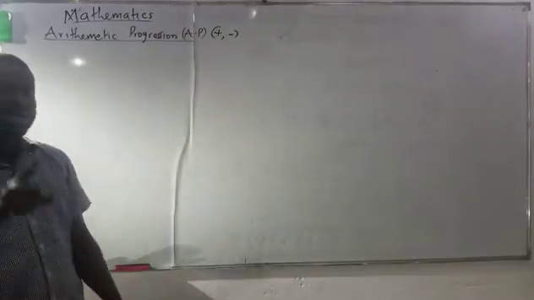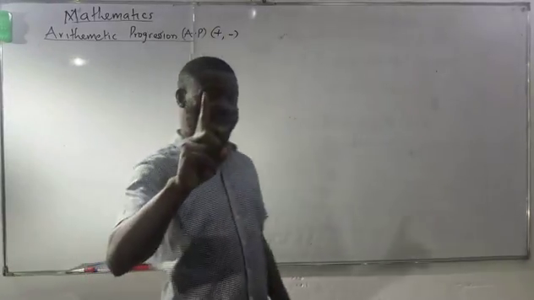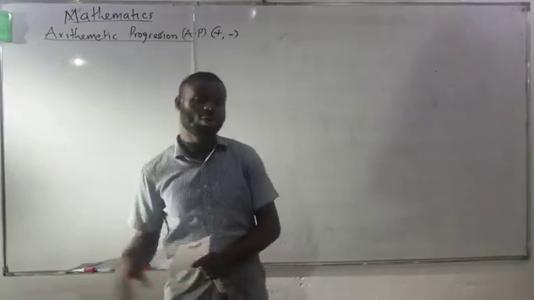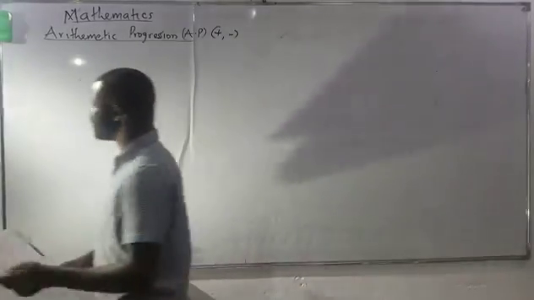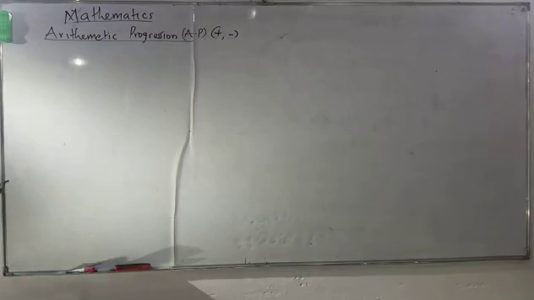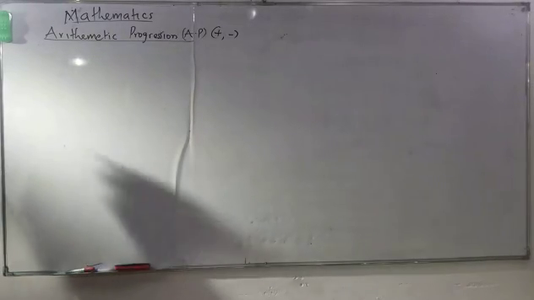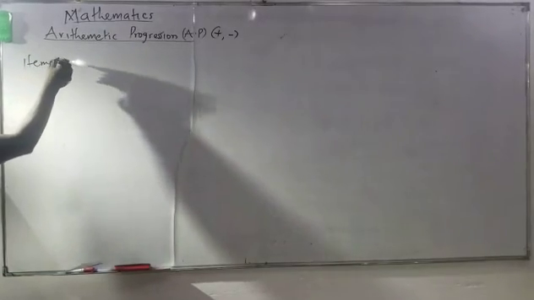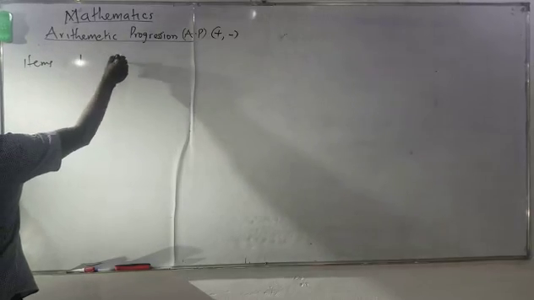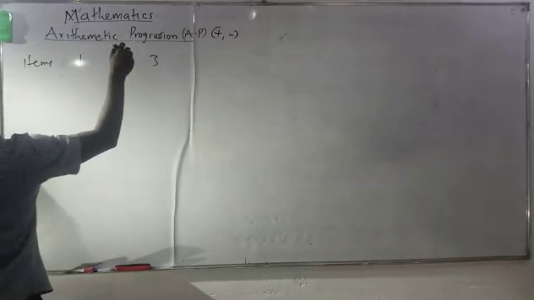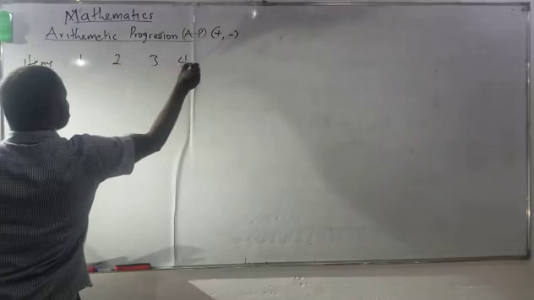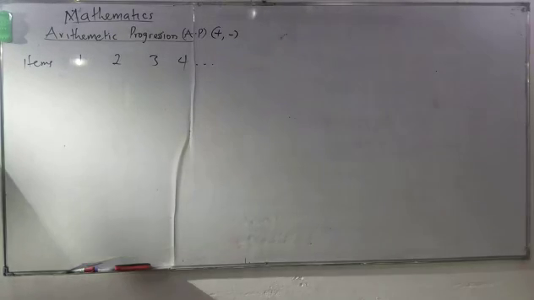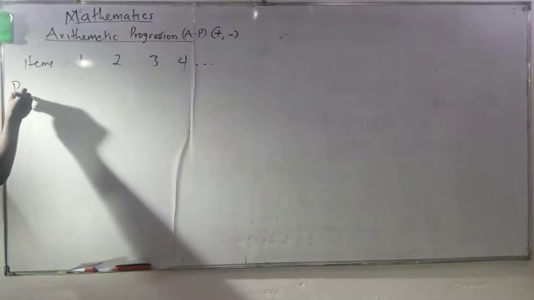Don't forget that array means an arrangement, whether ascending or descending. For me to talk about AP, let me quickly use these items: 1, 2, 3, 4, and so on and so forth. Now let's talk about the pattern.